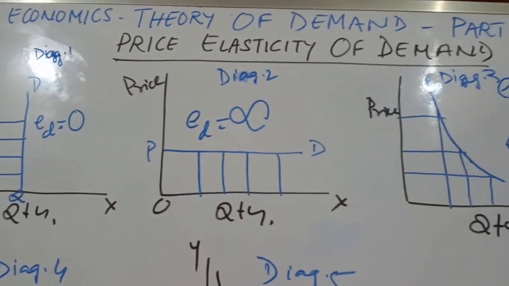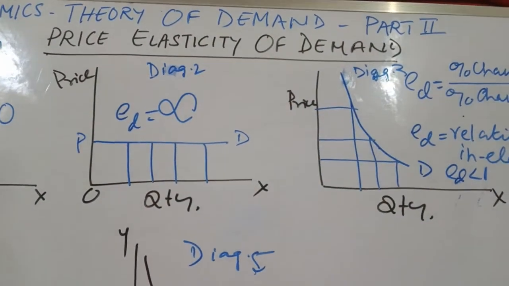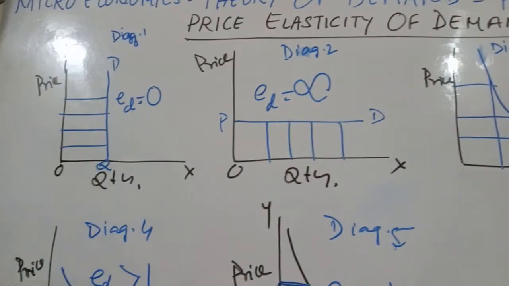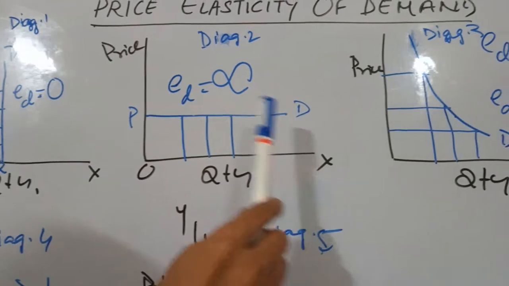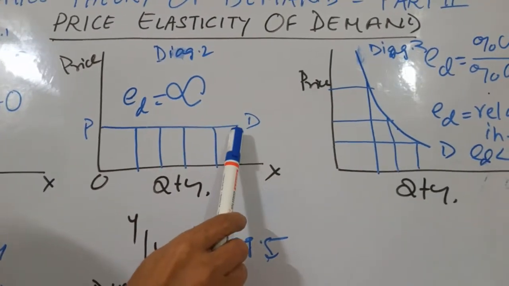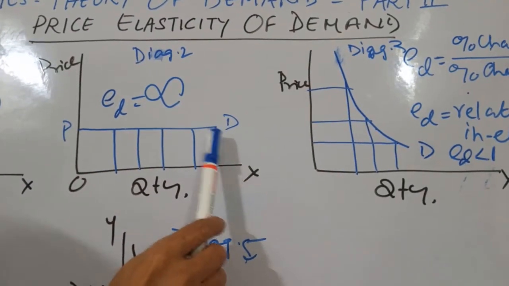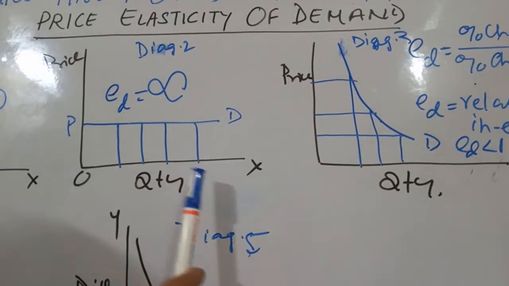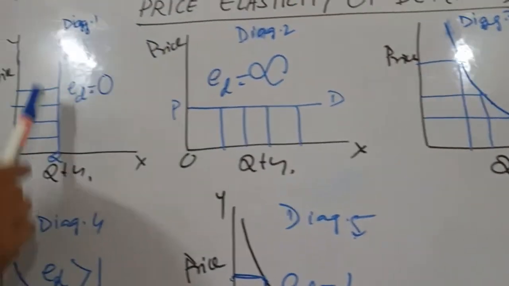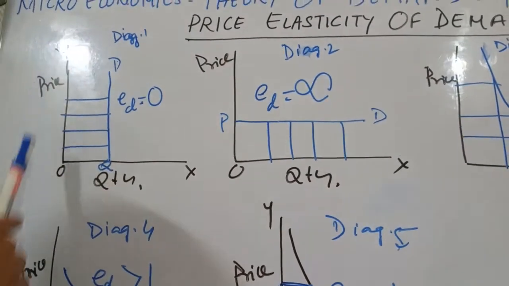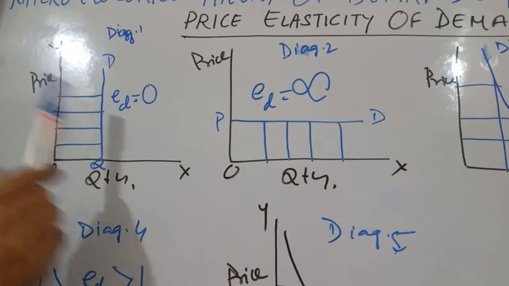In diagram 1, price elasticity is 0. In diagram 2, that is a horizontal straight line parallel to x-axis, when the demand curve is a horizontal straight line parallel to x-axis, elasticity is infinity. When the demand curve is a vertical straight line parallel to y-axis, elasticity is 0.